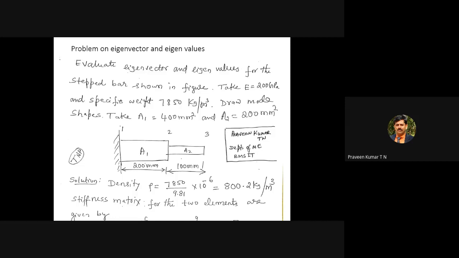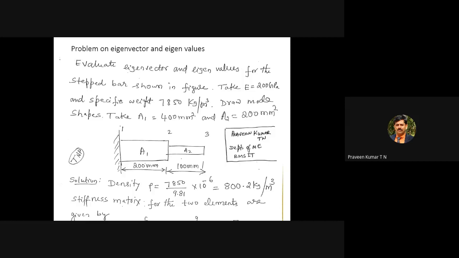Now when you come to eigenvectors and eigenvalues, the eigenvector corresponds to the mode of vibration. The mode of vibration is nothing but how the system moves up and down. We are talking about the eigenvalue. When you come to vibration, the eigenvalue is nothing but the frequency, or natural frequency, of the system.